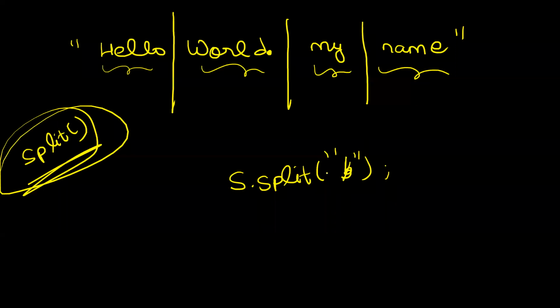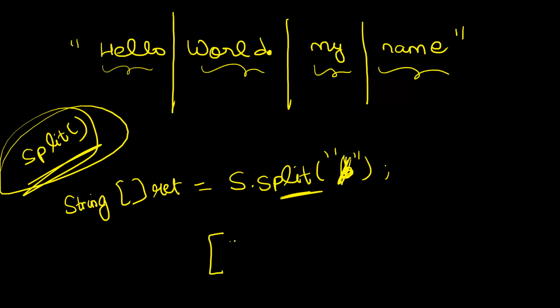So this s dot split will basically split my string at this blank space, which you have told. And then it will return to you an array of strings. You can call it anything. Ret is equal to s dot split. So this split method will split my string at the spaces, and you will get an array of strings as the return type. So hello. The second will have a world.